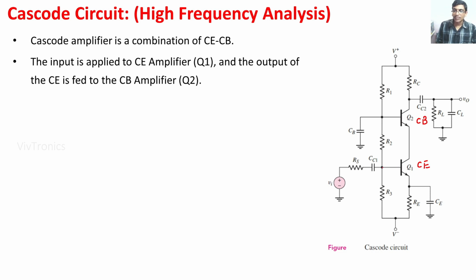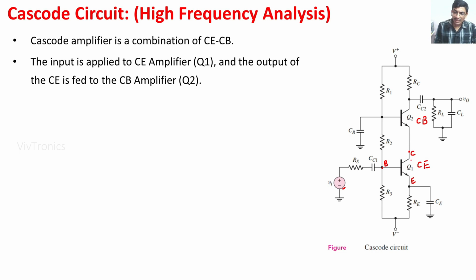The input terminal for the CE is the base terminal, therefore Vi is applied to the base terminal. The emitter is the common terminal for both input and output side circuits, and the collector is the output terminal for stage 1, which is the CE configuration.